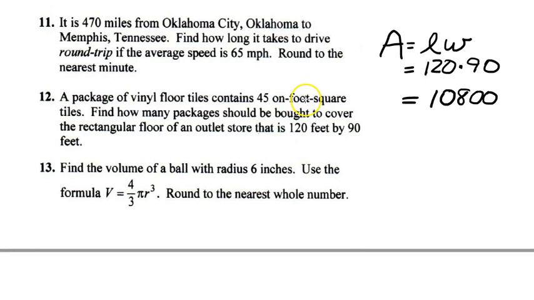And we want to know how many packages will we need to cover a floor 120 by 90. So we need to figure out the area of the floor first. So area equals length times width. 120 times 90 is 10,800.